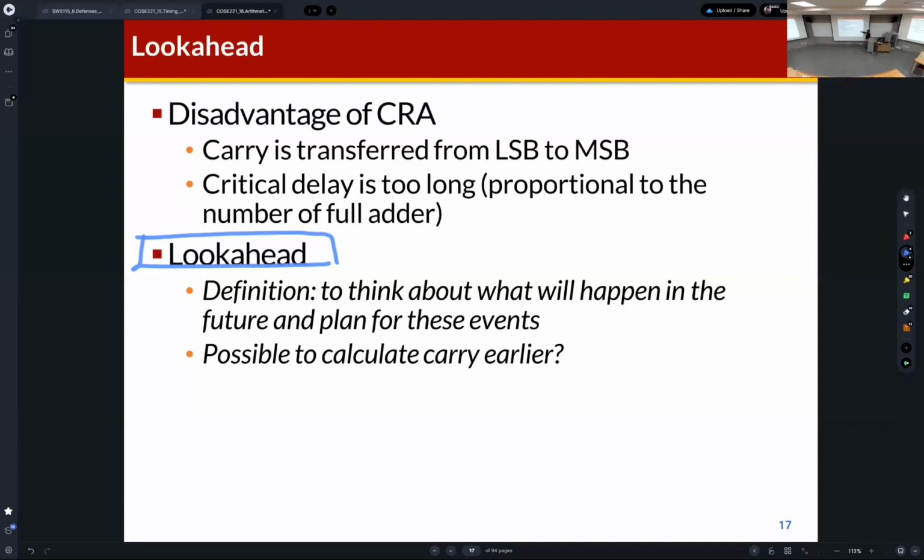Think about the future quickly. That is the meaning of lookahead. So in the lookahead adder, the researchers proposed carry generation functions that can be computed more quickly compared to the ripple carry adder.